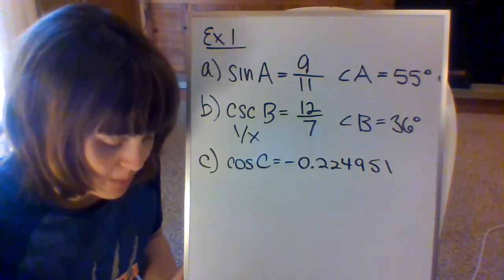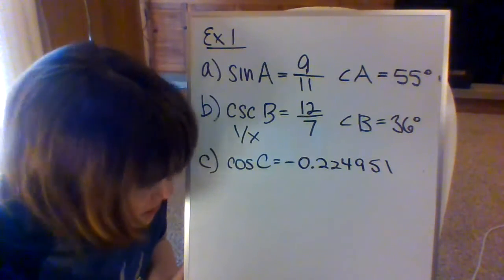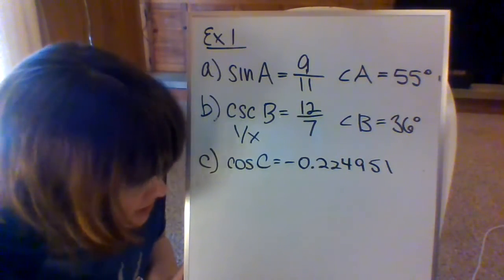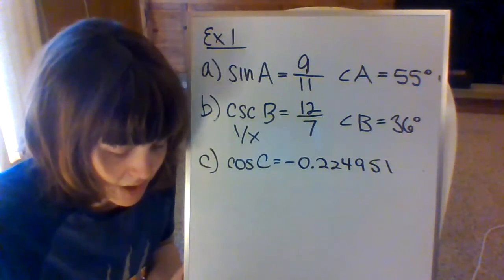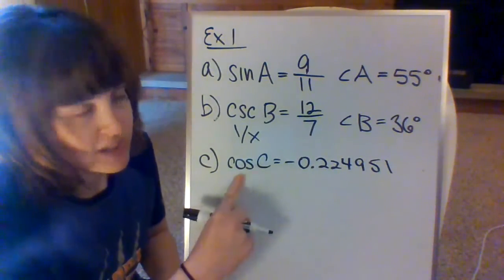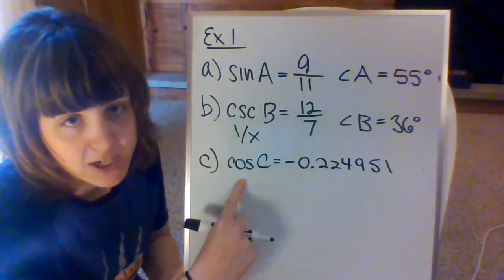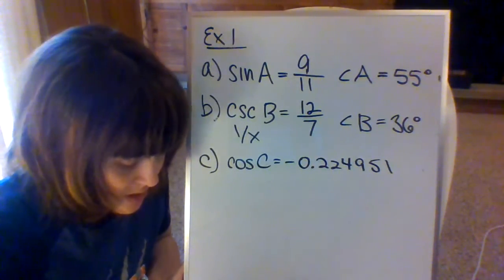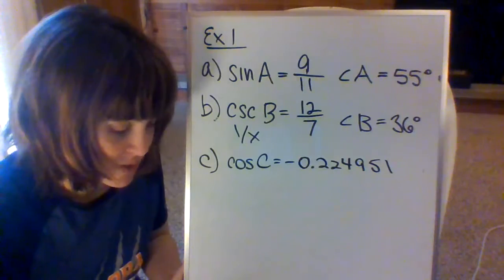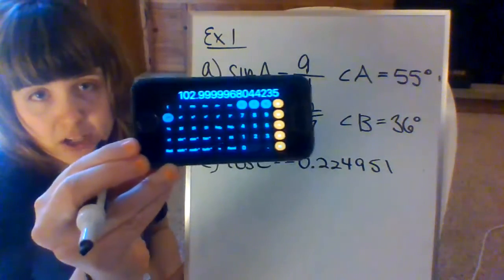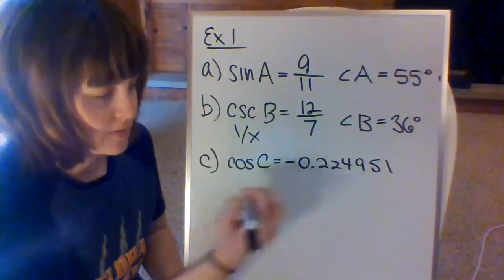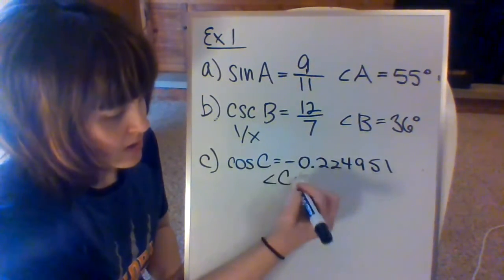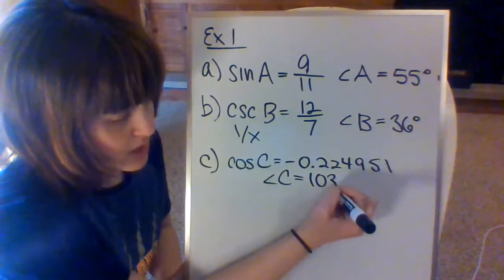So we're going to type 0.224951. Then we're going to make that negative. And since this says cosine C, we're going to use cosine inverse. And if you round this to the nearest whole degree, that should be 103. So angle C is 103 degrees.